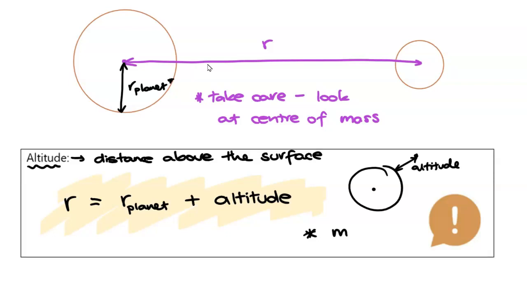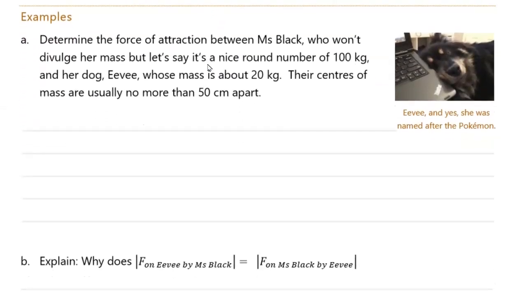To find that total distance R, we also need to add on our planet. This is the distance R that we care about for our calculations. And we also need to make sure that we've got things in meters, not kilometers.